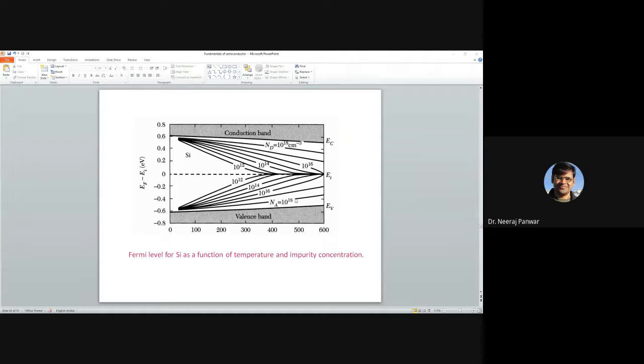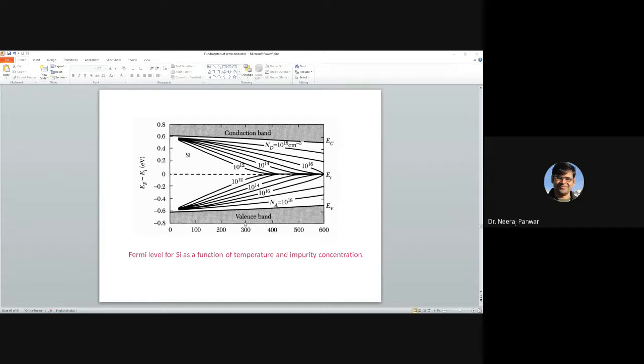When the doping level is very large, 10 to the power 18 per centimeter cube, the Fermi level moves very slowly towards the intrinsic case, and you require a very large temperature, probably 1000 Kelvin or so, in order to convert that n-type semiconductor into intrinsic.